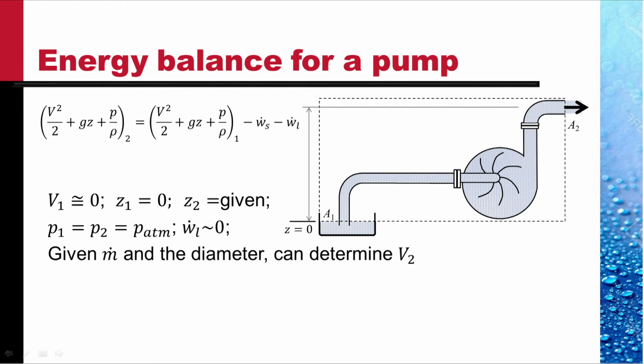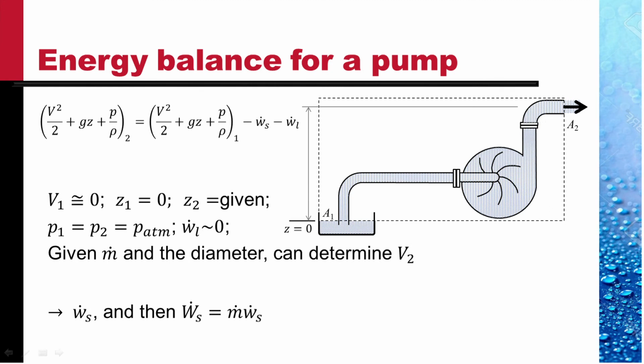So, the velocity throughout the pipe is V2, the velocity at the exit. We are to find the power consumed by the pump in pumping ṁ kilogram per second of water to the height h.